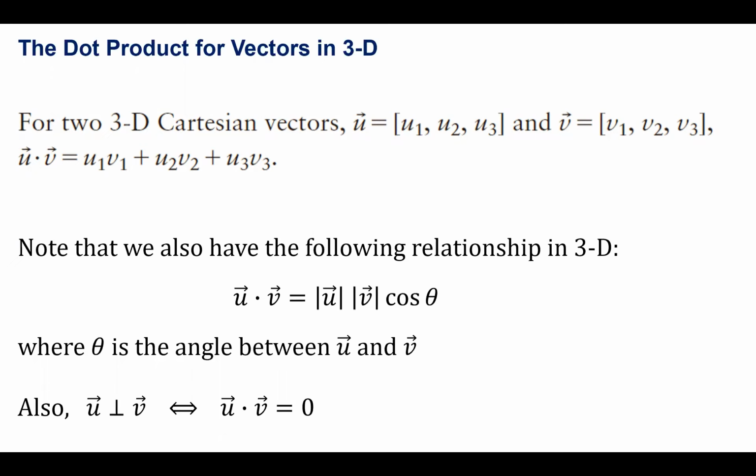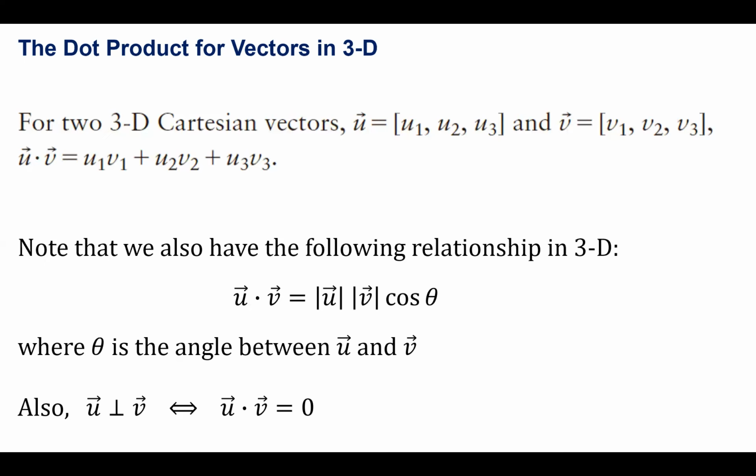Note that we also have the following relationship in three-dimensional space. The dot product of U and V equals the magnitude of U times the magnitude of V times cosine theta, where theta is the angle between vector U and vector V.